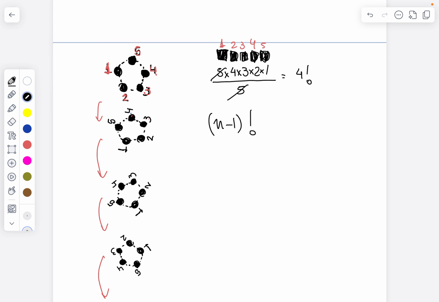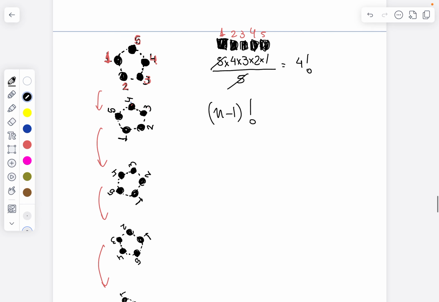Cool. Another way to interpret the circular permutation that makes the formula work as well is having a person sit first, okay? So I have the 5 chairs, right?